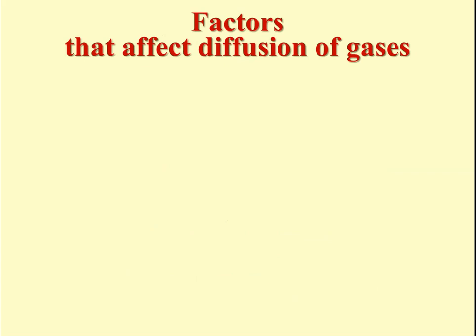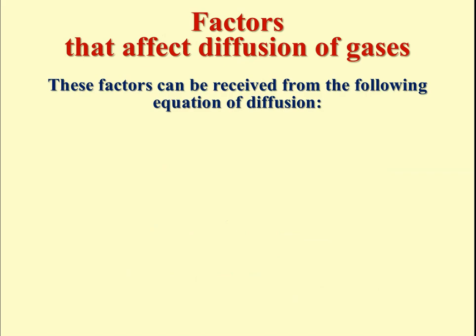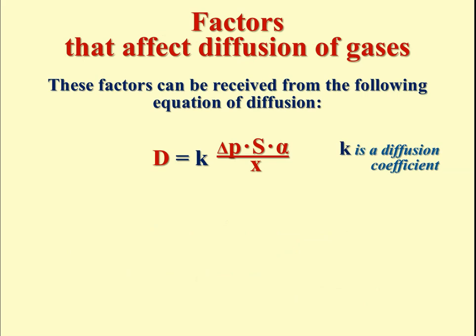Factors that affect diffusion of gases. These factors can be received from the following equation of diffusion. Diffusion is equal to, you see there are many indices here. K is the diffusion coefficient, just to make units balanced. So you can see here the first important value, the difference of pressures.